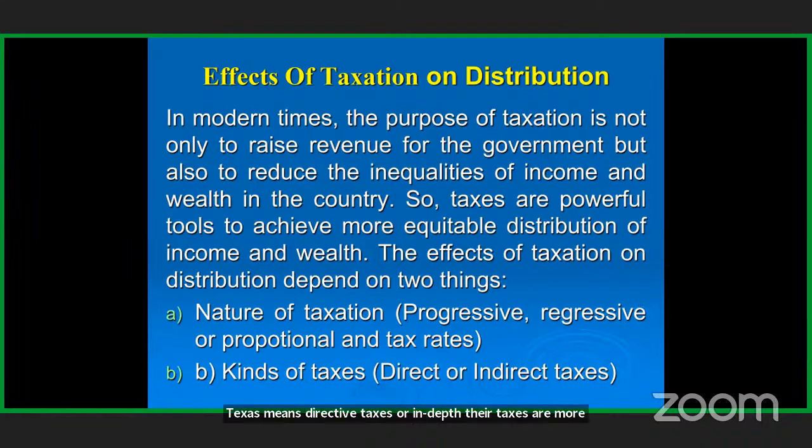These are more suitable to reduce inequalities in income. Income tax, wealth tax, corporation tax are progressive in nature. They bring revenue from higher income groups. So they help more in bringing about the reduction in existing inequalities of income and wealth in the society.